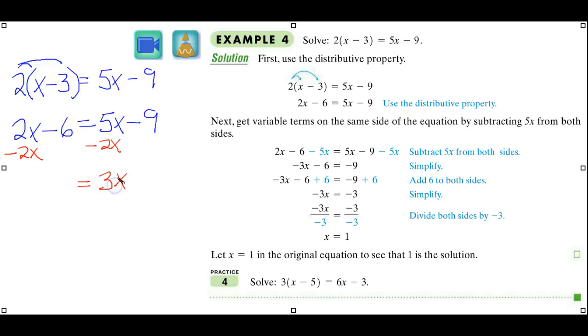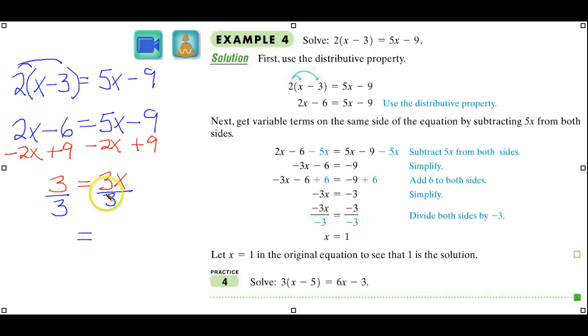So this is 3x. Now I want to get this 9, negative 9, on the other side. So I'm going to add 9 here. So I end up with a 3. Now, to get the x by itself, I'm going to divide by the numerical coefficient, which is a 3, both sides.